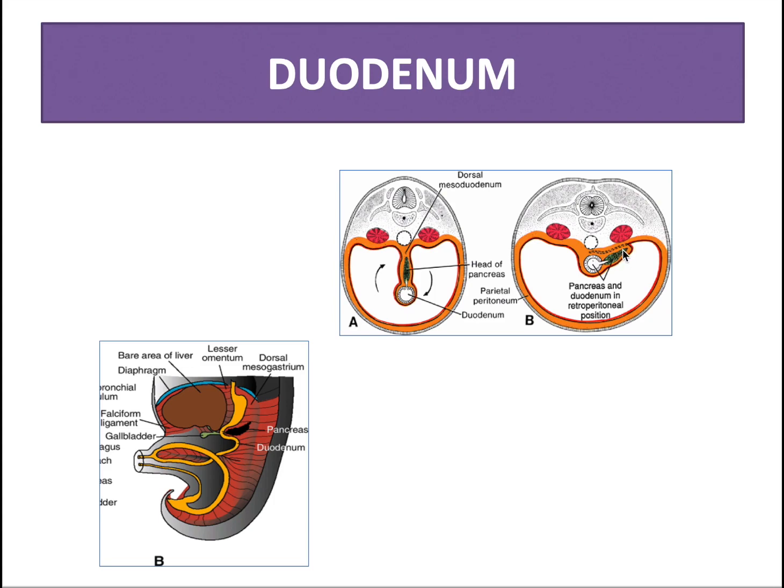Both layers disappear, and the duodenum and the head of the pancreas become fixed in a retroperitoneal position, apart from a region near the pylorus of the stomach, what's called the duodenal cap. It retains its mesentery and remains intraperitoneal.